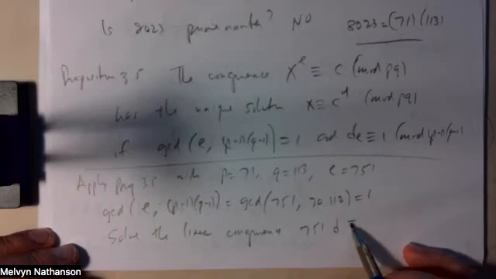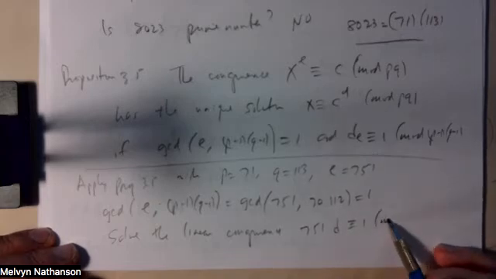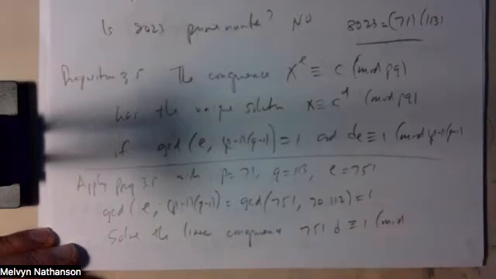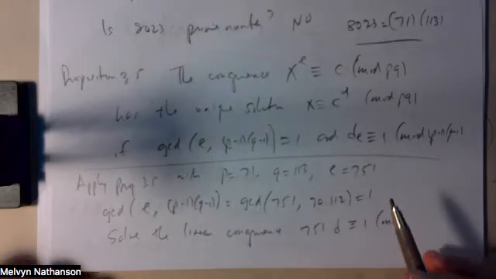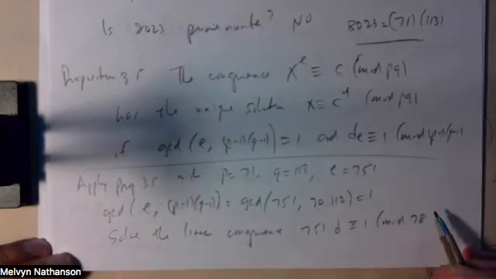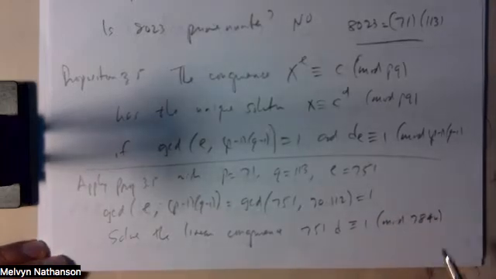(751D) congruent to 1 modulo 70 times 112, which is 7,840.